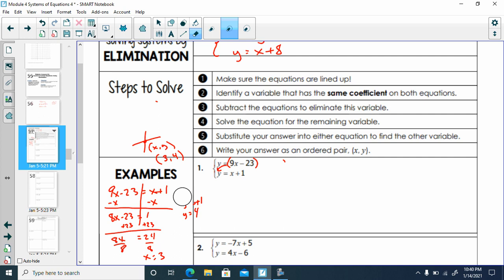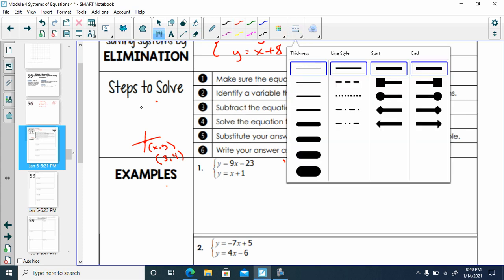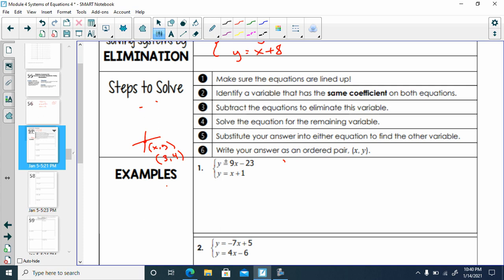I'm going to erase this just so you can see it a little better. Now we're going to try doing it with what we call elimination. In elimination, what we're trying to do is eliminate one of the variables. We think of it this way. We have our two equations lined up.